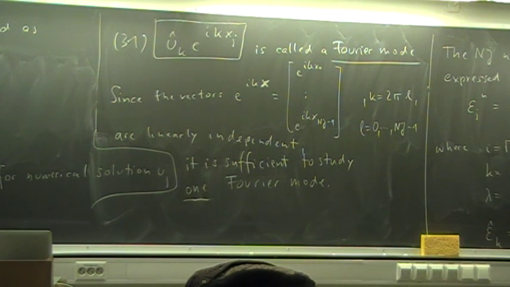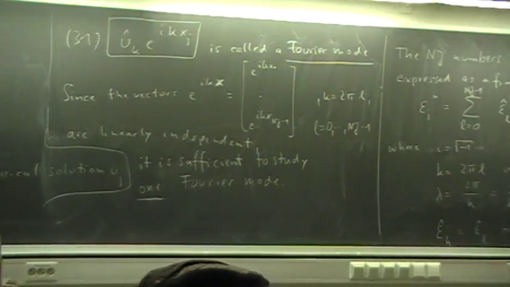What we are going to study then is how the numerical method, in our case the forward time centered space scheme, treats one of these Fourier modes. Will the Fourier modes be amplified when we insert them in the scheme, or will they be damped? That is the question. If they will be amplified, we can expect that the method will not be stable.